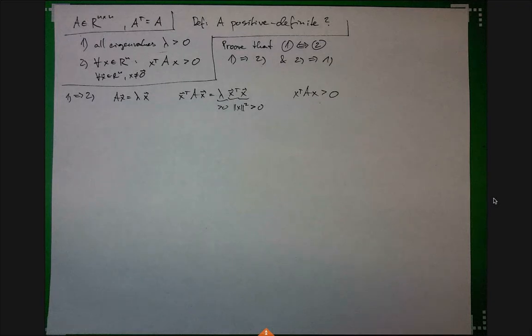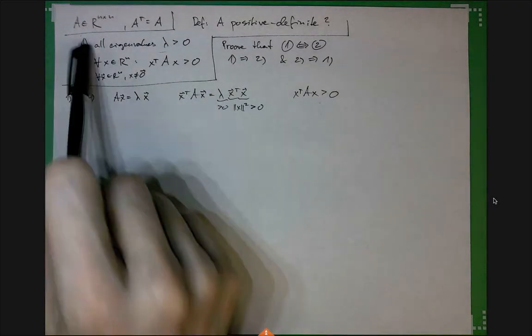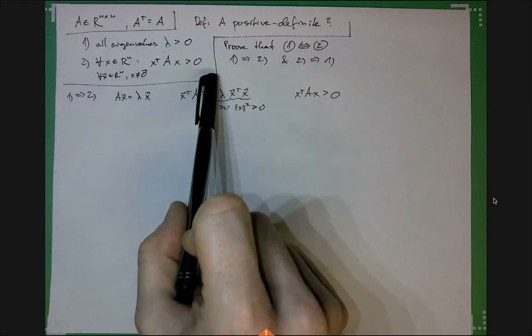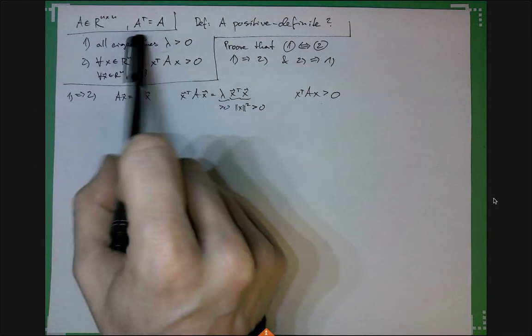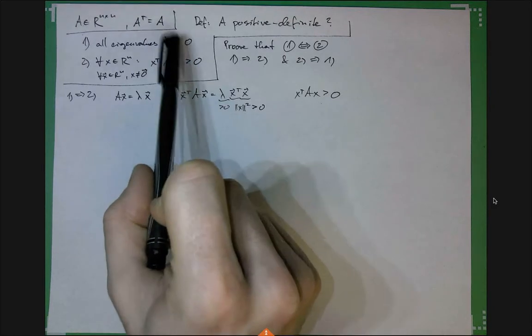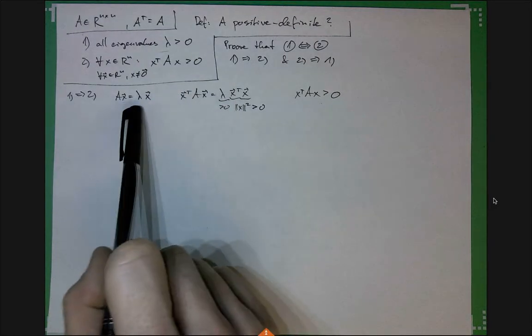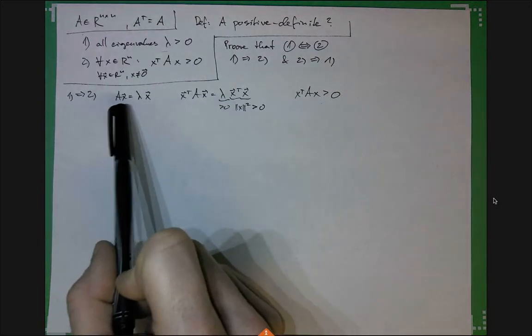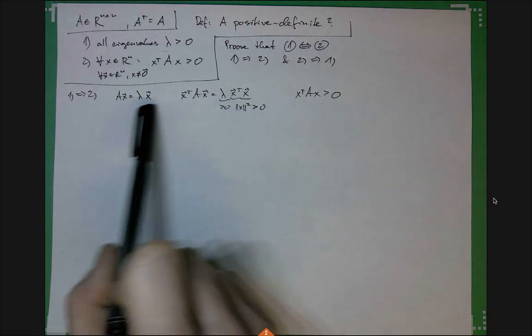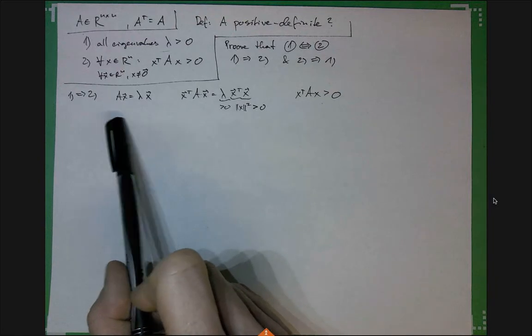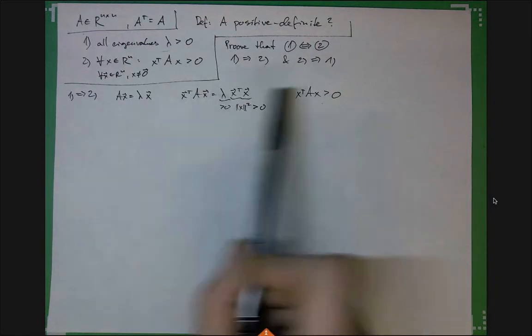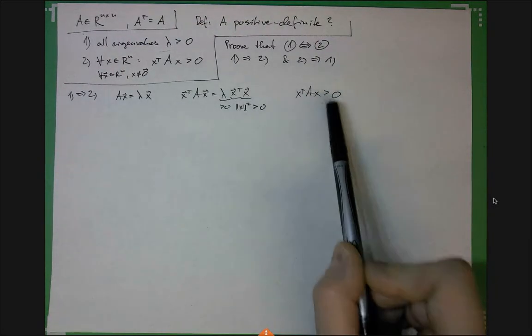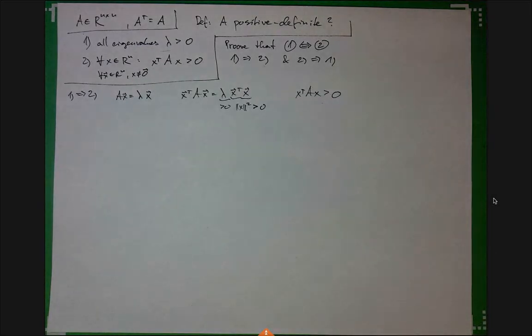Does everybody see? We are proving that the first definition implies the second one. So we assume we have a square symmetric matrix which has positive eigenvalues, and of course, because it's a real symmetric matrix, it has a full set of eigenvectors. Every single one of them satisfies this equation. From this equation, we can clearly see that the product x transpose A x must be positive for eigenvectors.